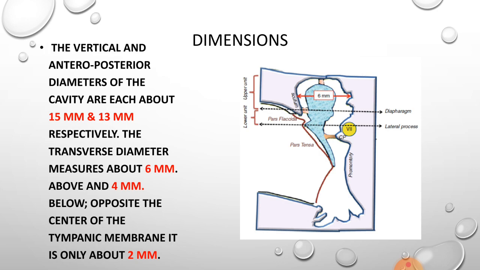The transverse diameter measures about 6 millimeters above, 4 millimeters below, and in the center opposite the tympanic membrane it is only about 2 millimeters. Here it is only about 2 millimeters because of the location and position of the tympanic membrane.